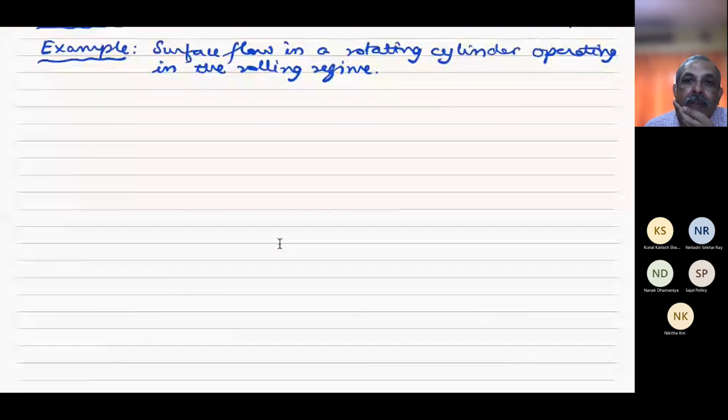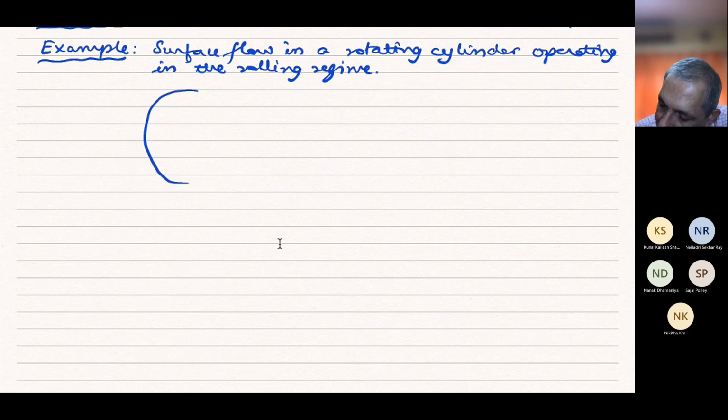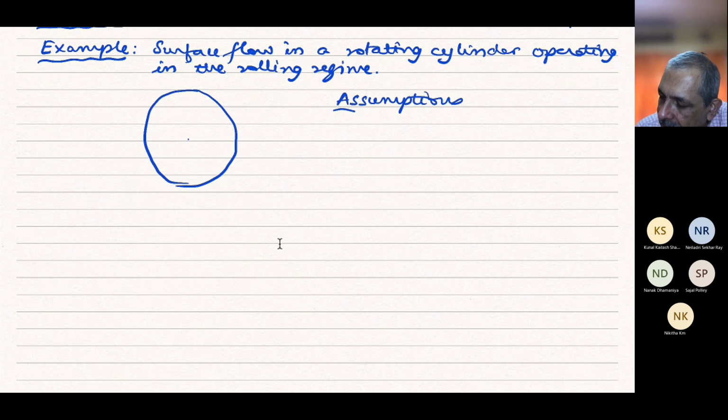And so what we would like to do first is look at the geometry a little bit. How will we put our coordinate system and all? So let's look at the first, many assumptions, but let's assume that the cylinder is half full.